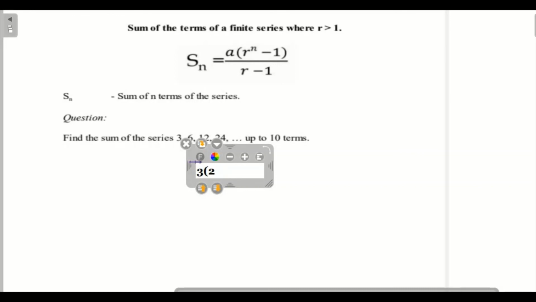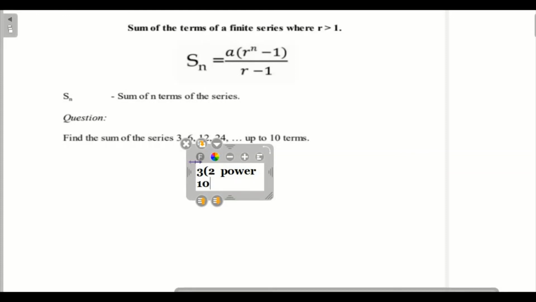So here we have the n value as 10. So you have to find the power of 10. So I'll mention it as power, otherwise you'll get confused. So 2 power 10.